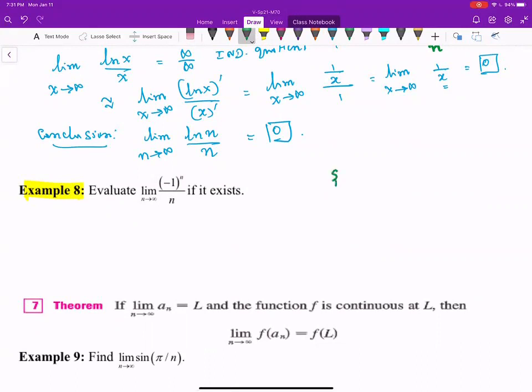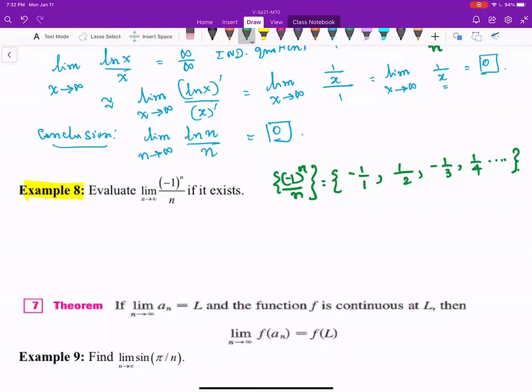If I list down the members of this sequence, for n equal to 1, it is negative 1 over 1. Then if I plug in n equal to 2, I get 1 over 2, since negative 1 squared will be positive 1. Then it's negative 1/3, positive 1/4. So the terms are alternatively positive and negative.